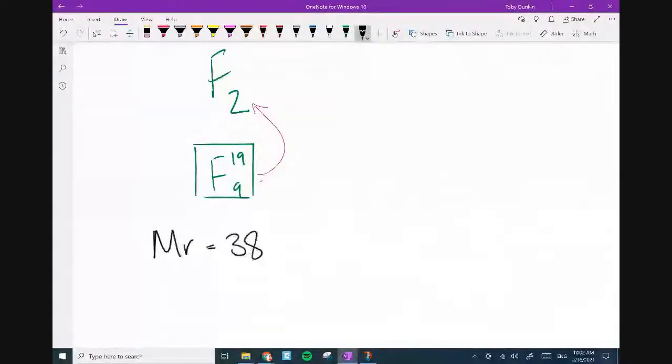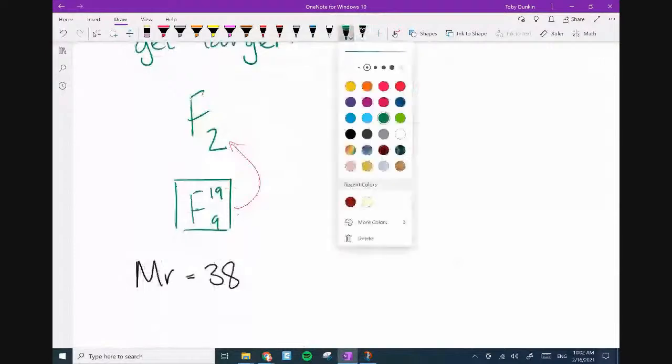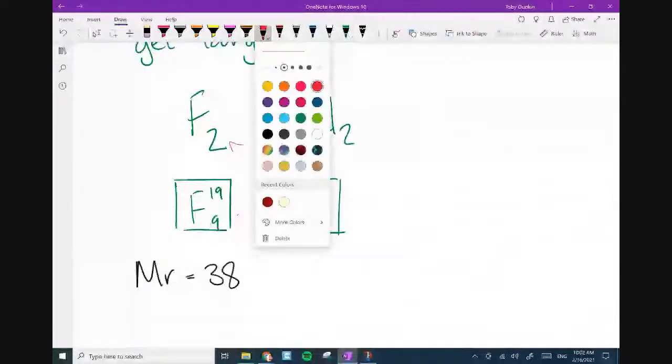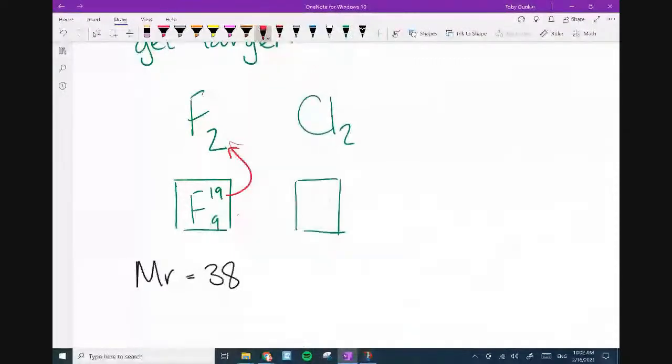If you look at chlorine, chlorine is Cl2. On the periodic table chlorine is 17 and 35.5. But chlorine is in a pair. So 35.5 times 2 gives me 71, a relative molecular mass of 71. It's getting bigger. They're physically getting heavier.